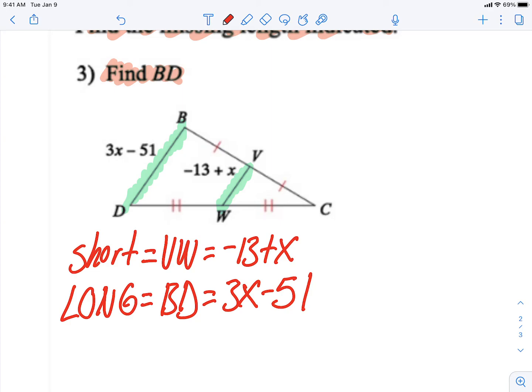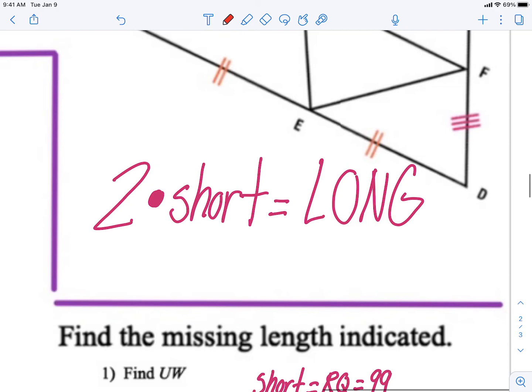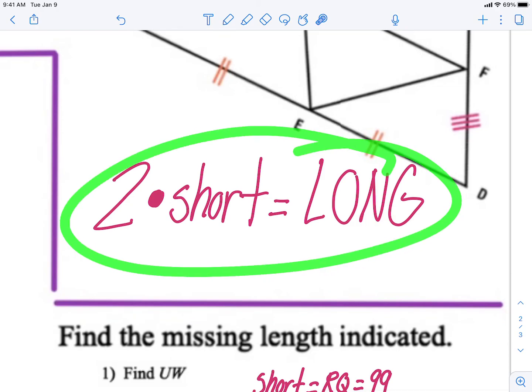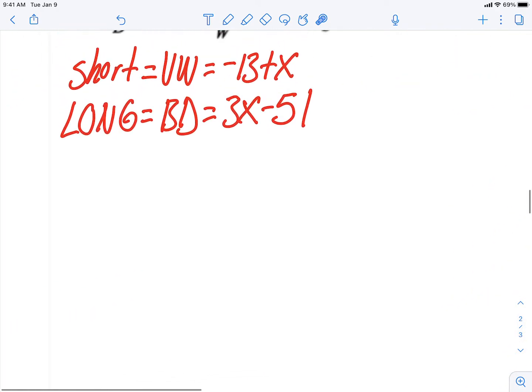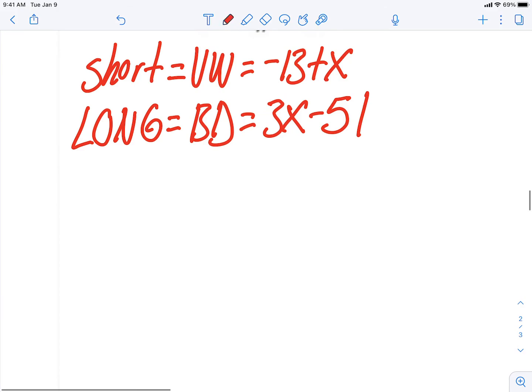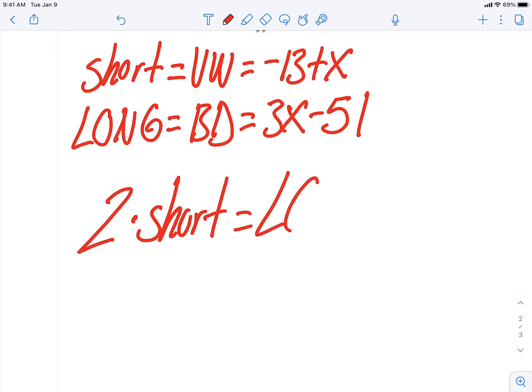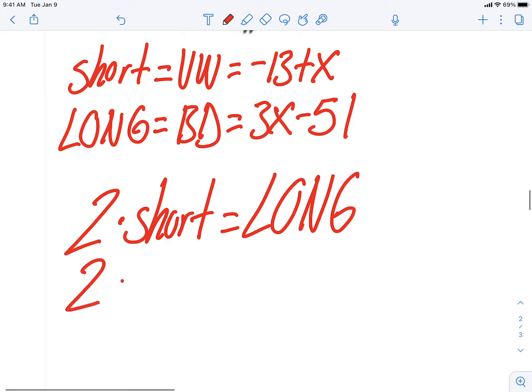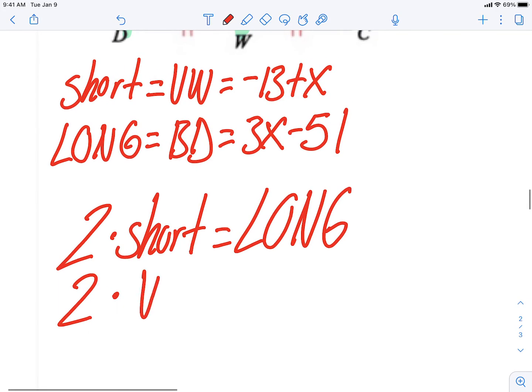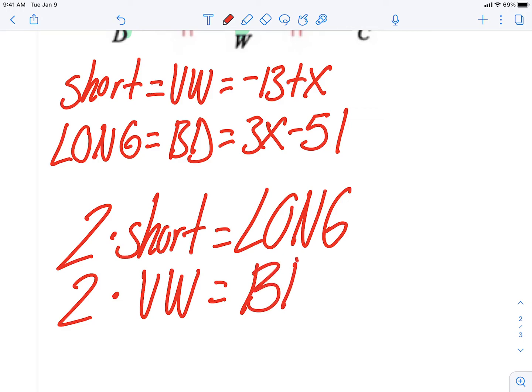Now we can set up our equation: 2 times the short is equal to the long. 2 times the short is VW. The long is BD.